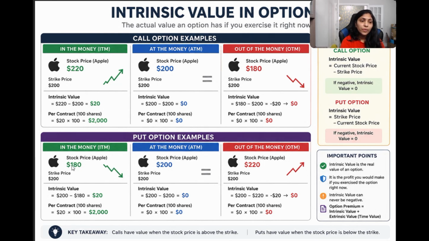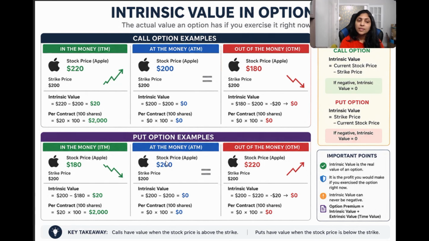So here the stock price is 180, and if you go to the strike price 200, which means 200 minus 180, here it will be opposite. Earlier, we calculated 220, which is stock price minus strike price, but now it is strike price minus stock price, which is $20. So in the money having $20 means $2,000 intrinsic value.